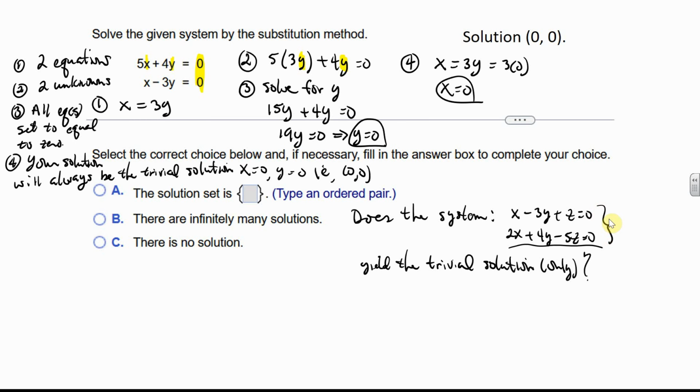Does that system yield the trivial solution? That's my question.